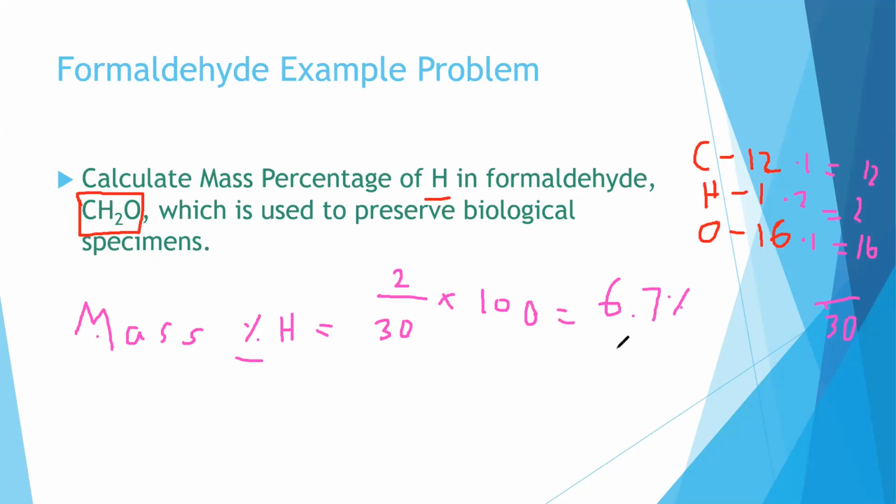So 6.7% mass percent means that of all of the mass in formaldehyde, 6.7% of it belongs to hydrogen atoms. So that's all it says. 6.67, same thing.